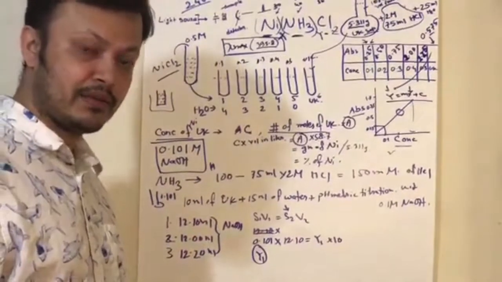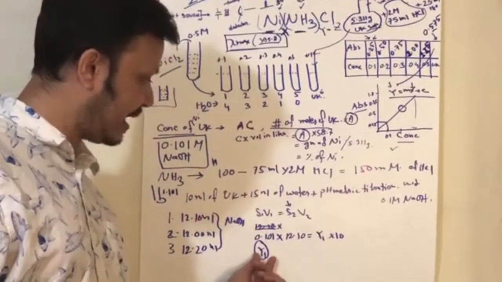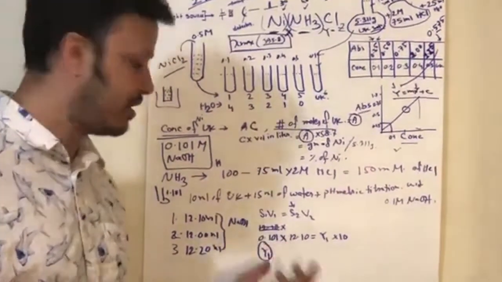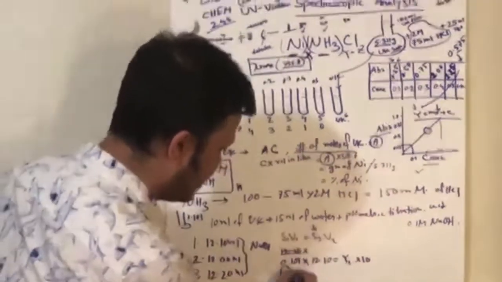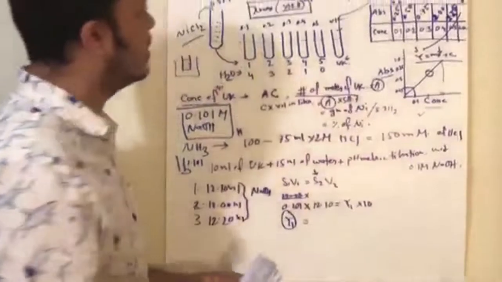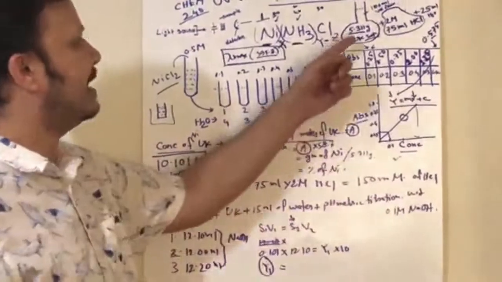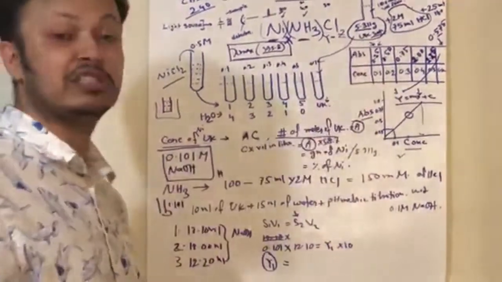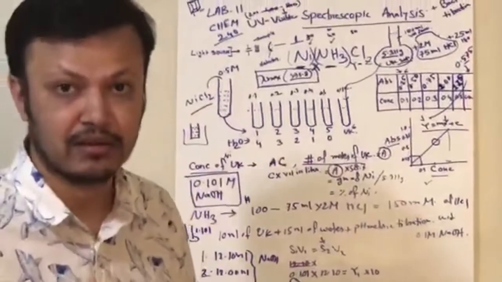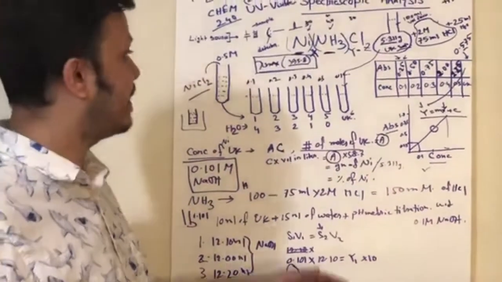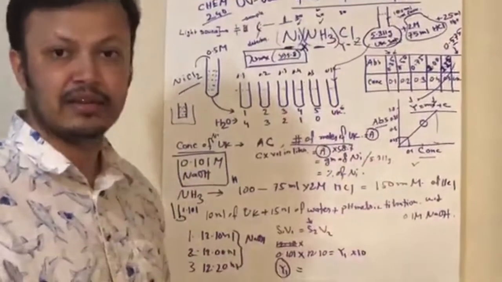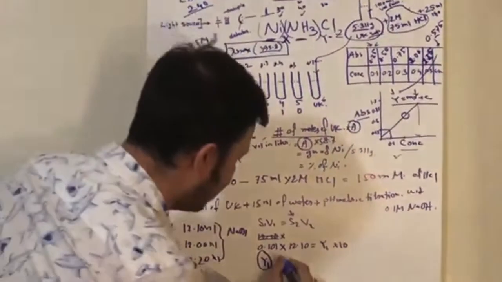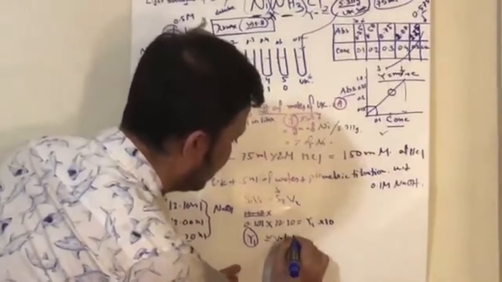Whatever Y1 you get from that calculation, that is the concentration, which means moles in 1000 ml. So in 100 ml, the number of moles you get should be multiplied with the volume in liter.